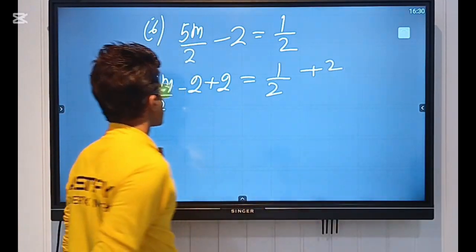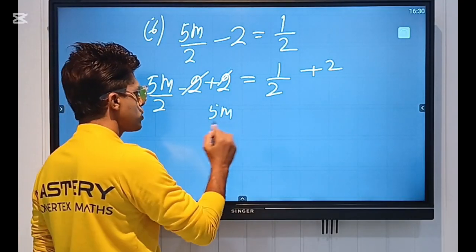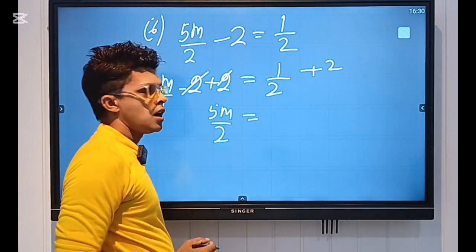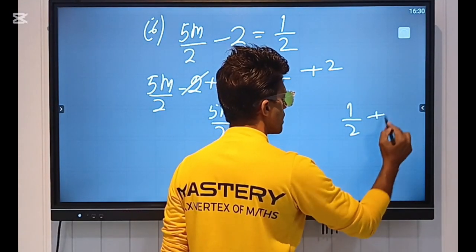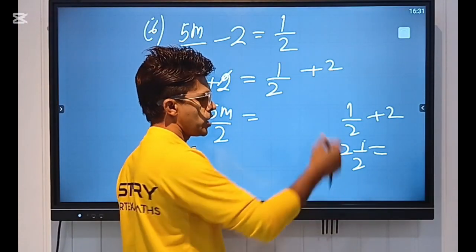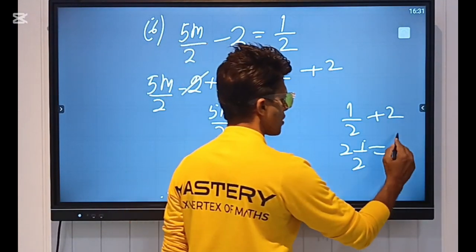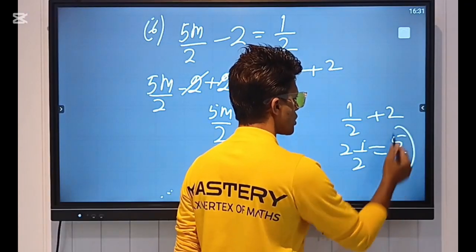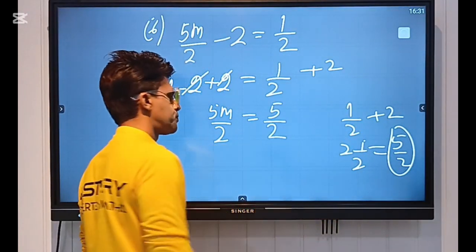So minus 2 and plus 2 can be cancelled out. 5m over 2 equals half plus 2, which means 2 and a half. 2 times 2 plus 1 is 5, so instead of this whole part, we could write 5 over 2.